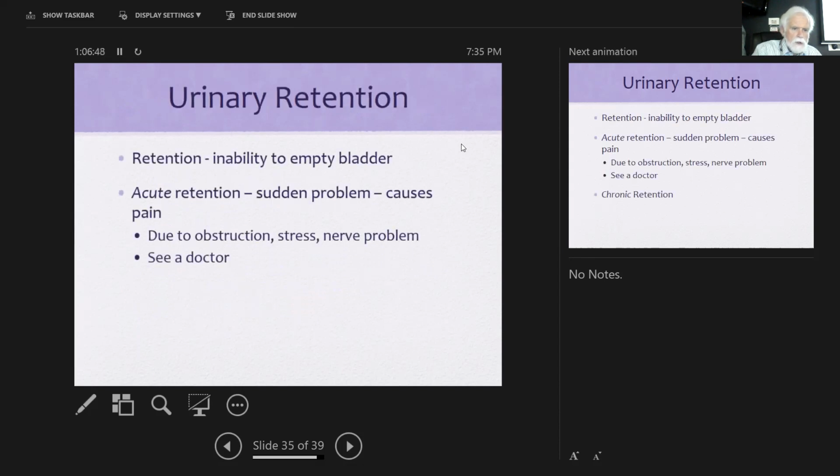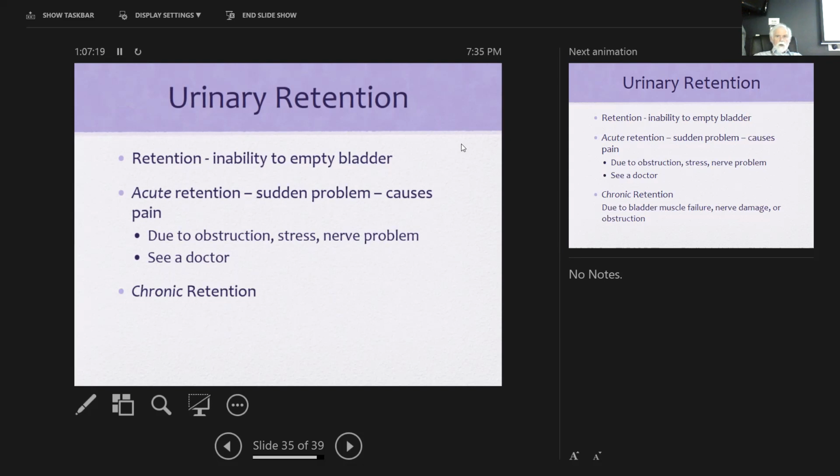Urinary retention is, of course, the other side of the coin of urinary incontinence. Something will cause the ability of the urine to be excreted to be impaired, and when it's sudden, it can be a number of different things.